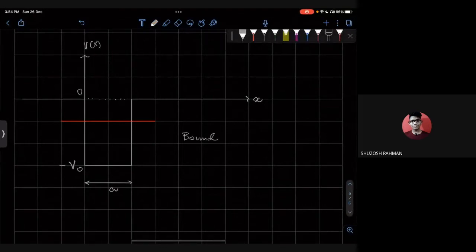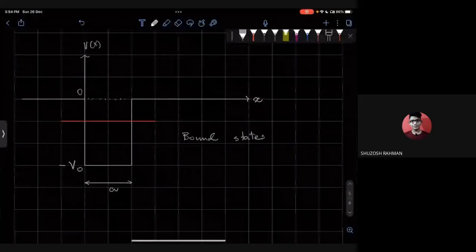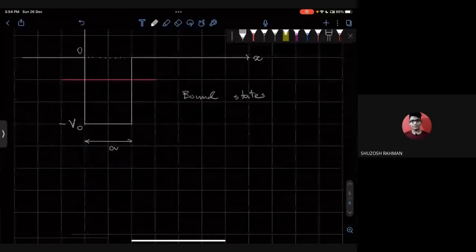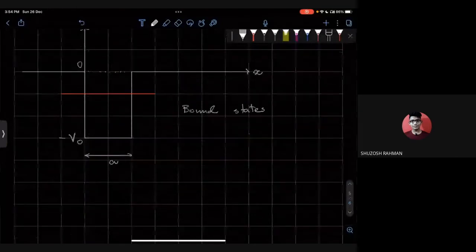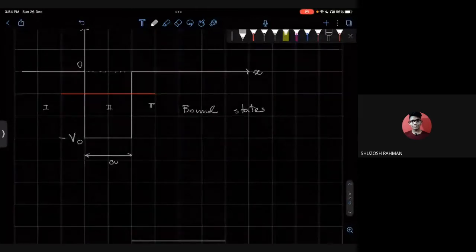So the bound states, we could have said that this is region 1, this is region 2, this is region 3.